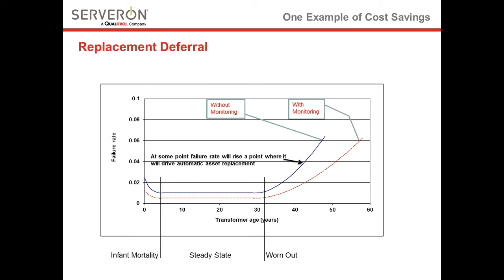However, if you apply monitoring, and based on the assumption that it will capture faults earlier and give you insight into your transformer that you otherwise wouldn't have, the likelihood is that you will be able to offset that bathtub curve. So the infant mortalities will be lower, the steady state failure rate will be lower, and the time at which you reach worn out and the speed at which those probabilities of failure increase will be less.